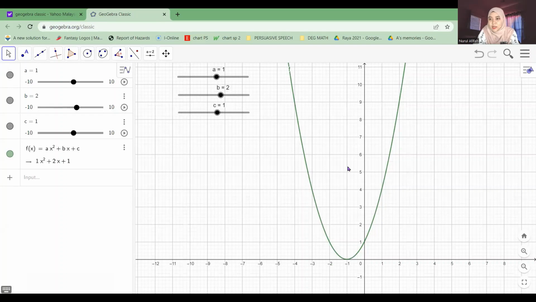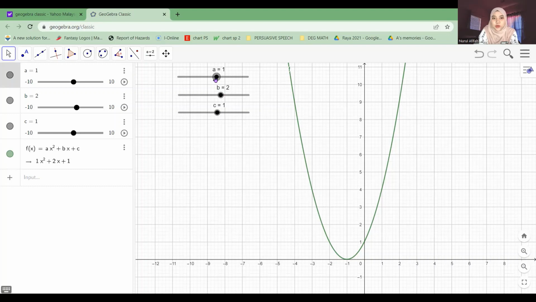Okay, next, this activity will be done individually. I will give you 10 minutes, start from now. I want you to analyze this graph.